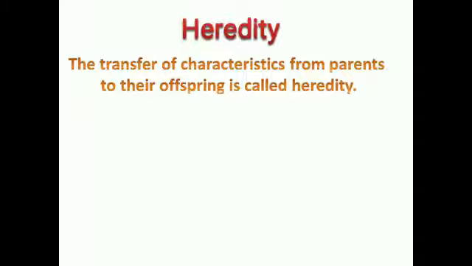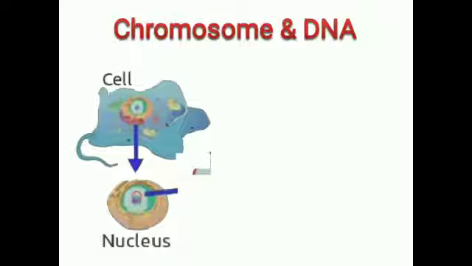Now I will explain to you about the chromosome and DNA. Now see the diagram. This is the cell. Now what is a cell? Cell is the unit of life. And this is the nucleus. Nucleus is the largest organelle of the cell and it controls all the activities of the cell.